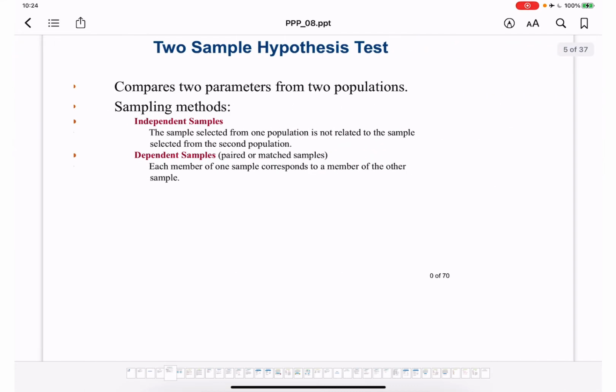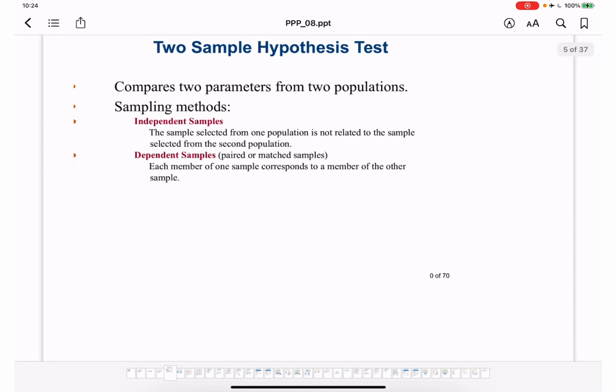Like I said, comparing two samples, the hypothesis test is comparing two parameters from two populations. So we're comparing samples and we're applying to the population, as you remember. So for the sampling method, we are going to use either independent samples or dependent samples.